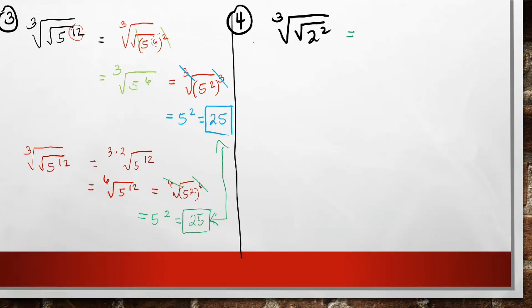Once we cancel this one, the remaining is the cube root. So, what remains is the cube root of 2. And since we cannot simplify the cube root of 2, our final answer is the cube root of 2. So, this is how we solve roots within a root.